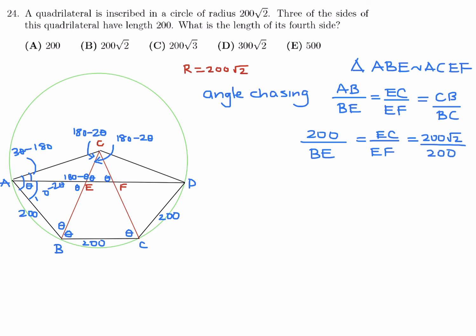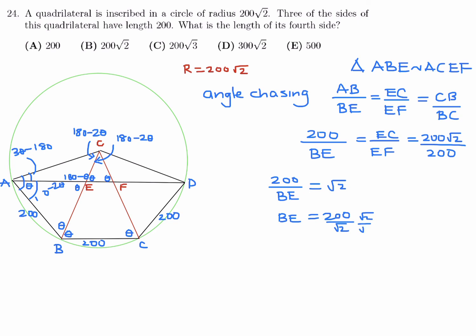Okay, great. So I can systematically now calculate each of these. This equals that, so I can figure out what is BE. That would be 200 over BE is equal to this, which is just root 2. So that means that BE would be 200 over root 2.